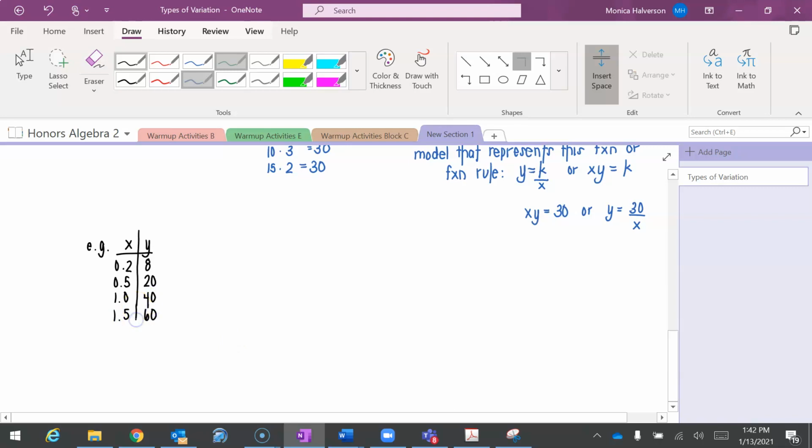And I would like you to tell me whether it's direct, inverse, or neither. And if it's direct or inverse, to write out the function rule. Go ahead and do that now.